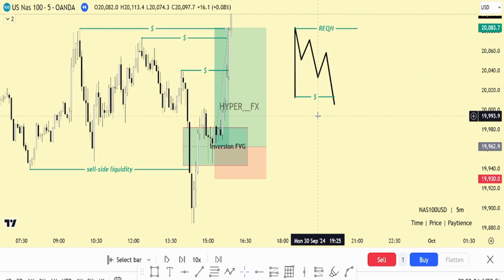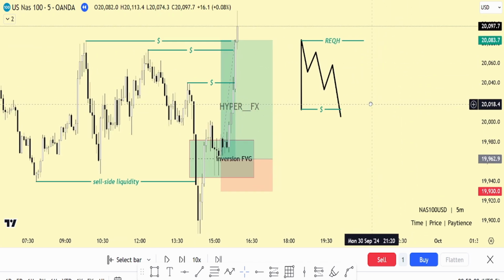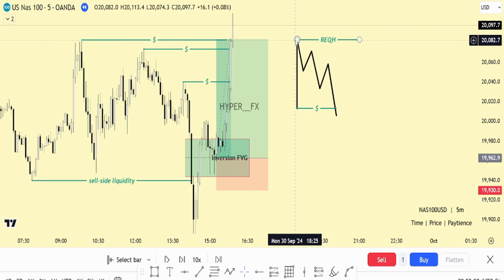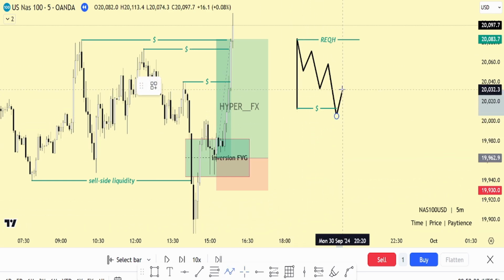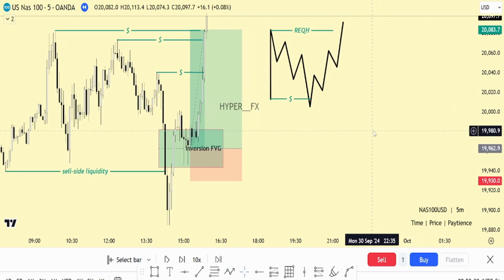So relative equal high open, and we expect price to take it out, because of these highs. They are not standing in the way of price to get to this high. So this high is very much reachable with price. It is retail stop loss. So we have our inversion fair value gap forming here, and price comes back to target this high. So that is what a relative equal high looks like.